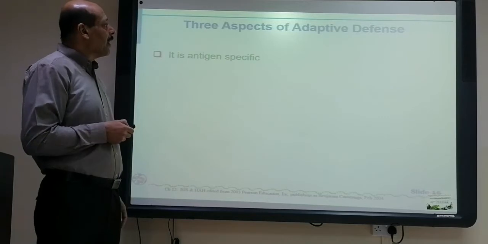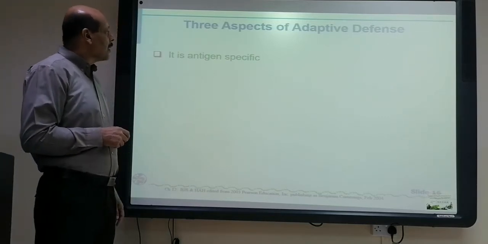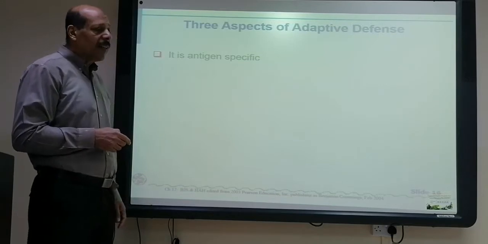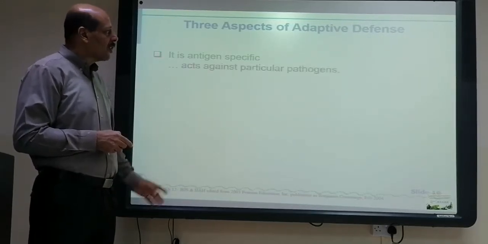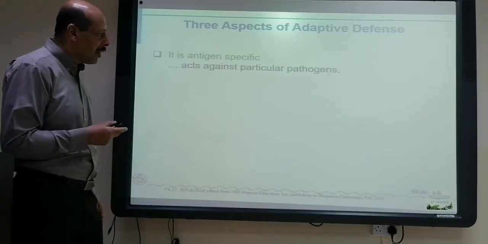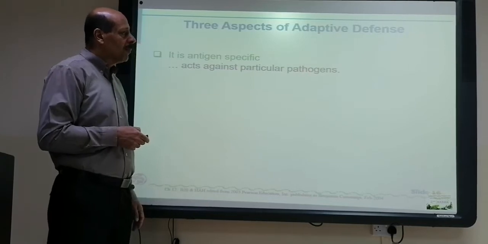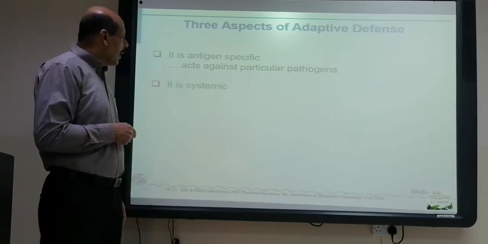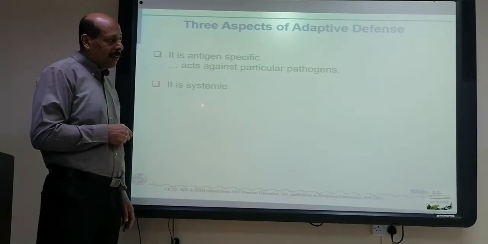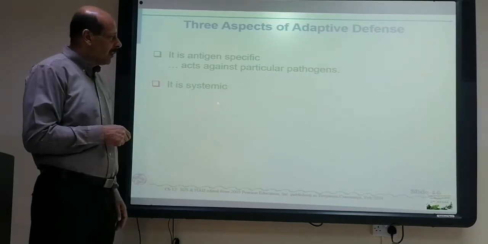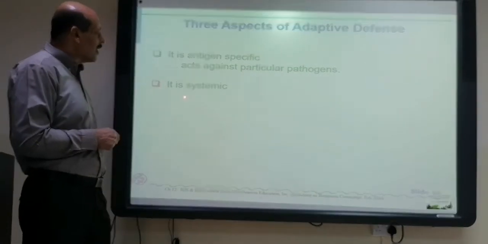Three specific adaptive defense mechanism characteristics. It is antigen specific, so it is specific to that same antigen; it cannot fight any other antigen, so it acts against particular pathogens. It is also systemic, so it is not local. The inflammatory process is local, but the adaptive is systemic.